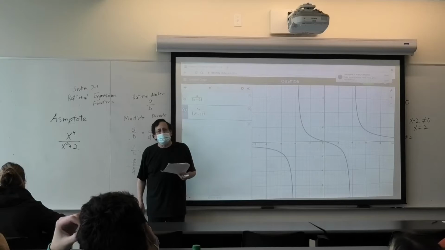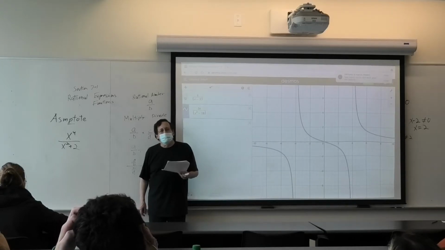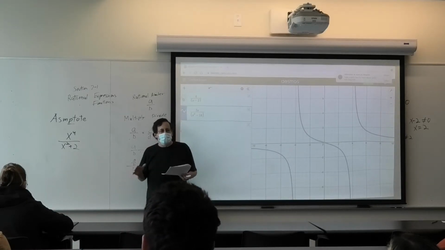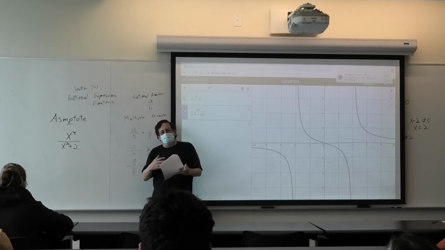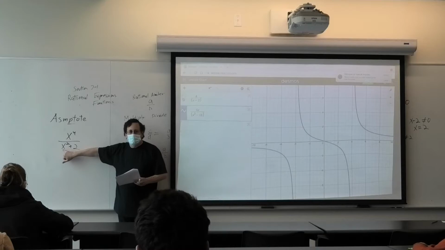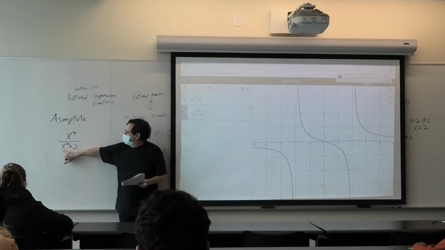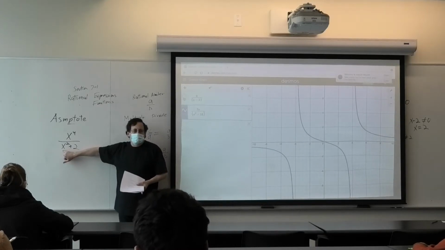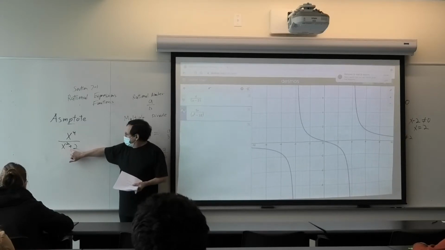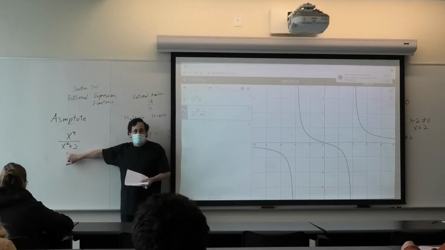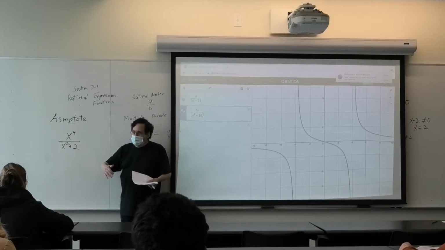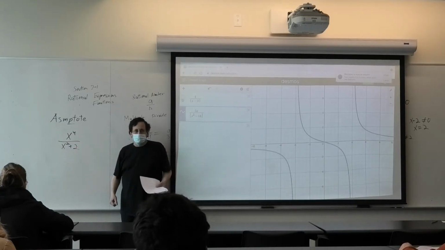Anybody have any ideas? I know it's late in the afternoon and lunch is kind of hitting, but what happens if I plug in a positive number? If I plug in a negative, I get a positive number. If I plug in 0, well, 0 plus 2 is still a positive number. I can't make this 0. That tells me my domain can be all real numbers, right?